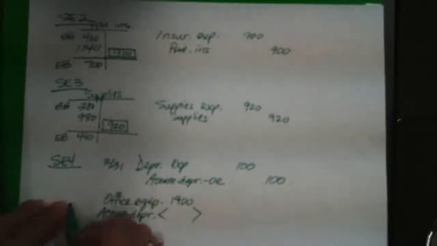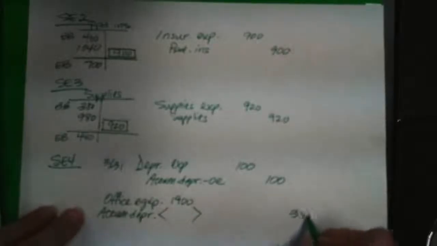Okay, well, under the assets section of the balance sheet, you would have office equipment, $1,900, and you would have accumulated depreciation of 3 months, 3 times 100.